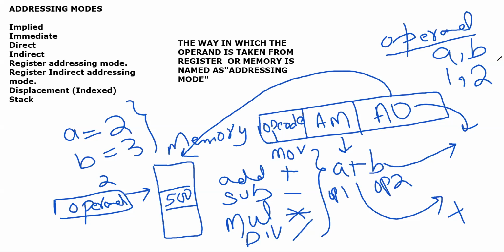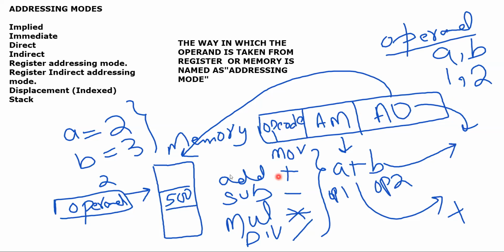So I conclude the lecture. We have discussed so far what addressing mode is. In addressing mode, we have instruction. In instructions, we have opcode, AM and AO.